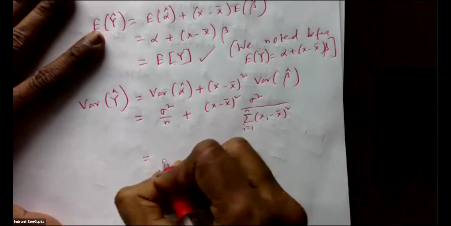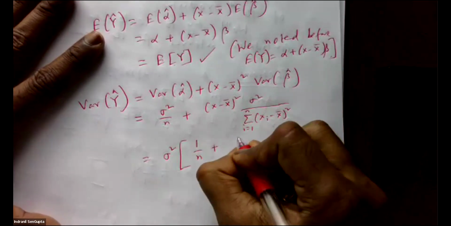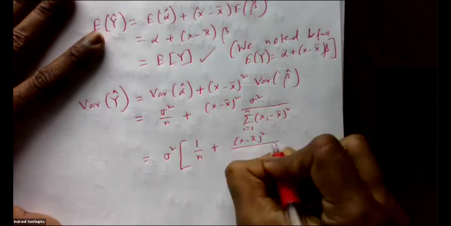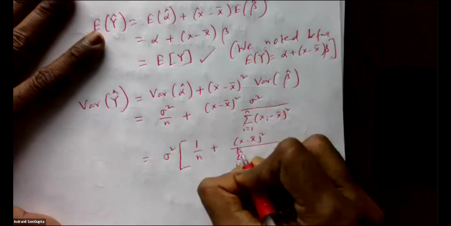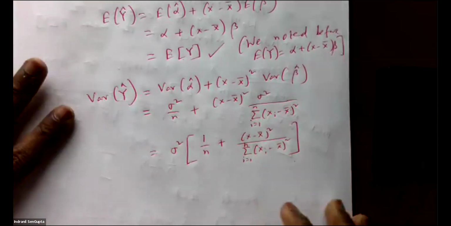If I simplify this, it is sigma squared times 1 over n plus x minus x bar squared over summation i from 1 to n of xi minus x bar squared.